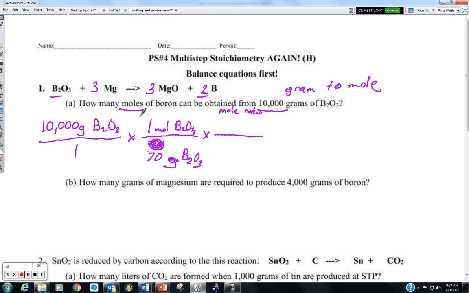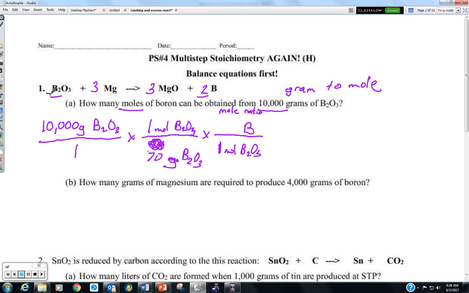I'm going from B2O3 to what? Boron. All right, so I have how many moles of this? So it's 1 mole of that.